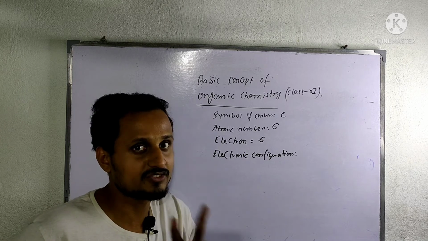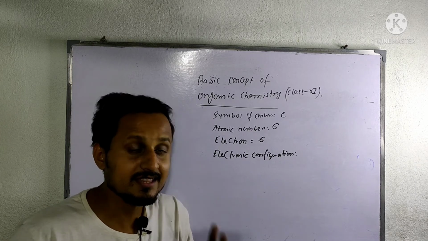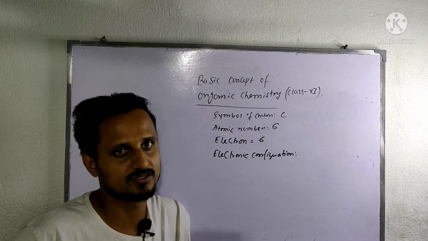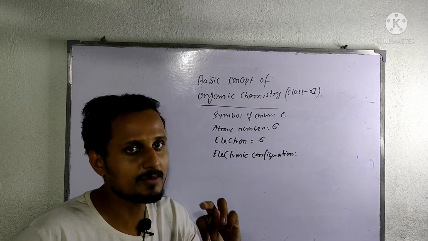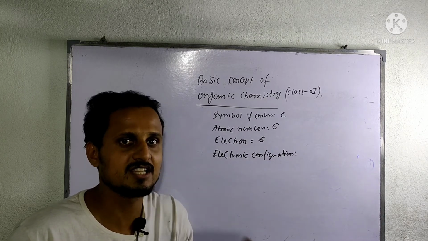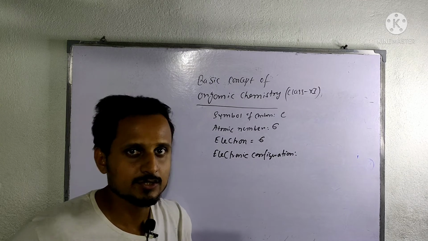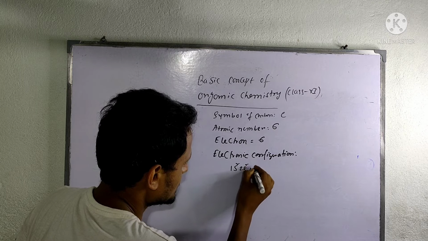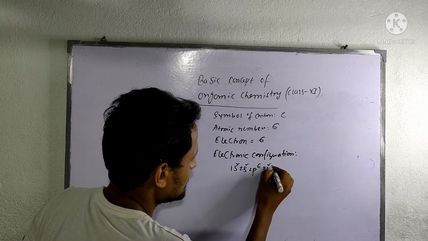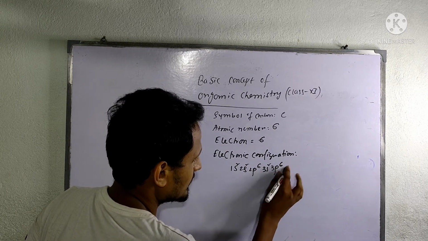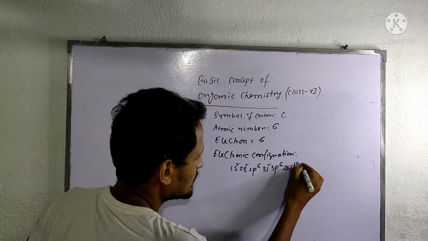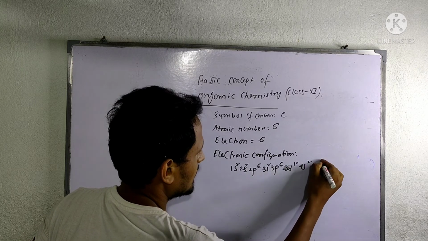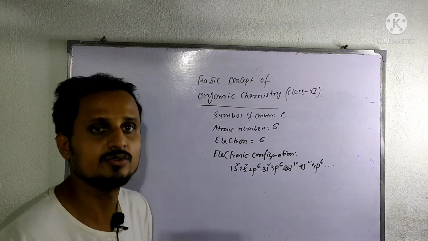But in 2p there are 3 suborbitals, and in each suborbital there can be 2 electrons, so in 3 suborbitals 6 electrons can be there. So the electronic configuration generally is like this: 1s2, 2s2, 2p6, 3s2, 3p6, 3d10, 4s2, 4p6. Like this the electron configuration we will see.